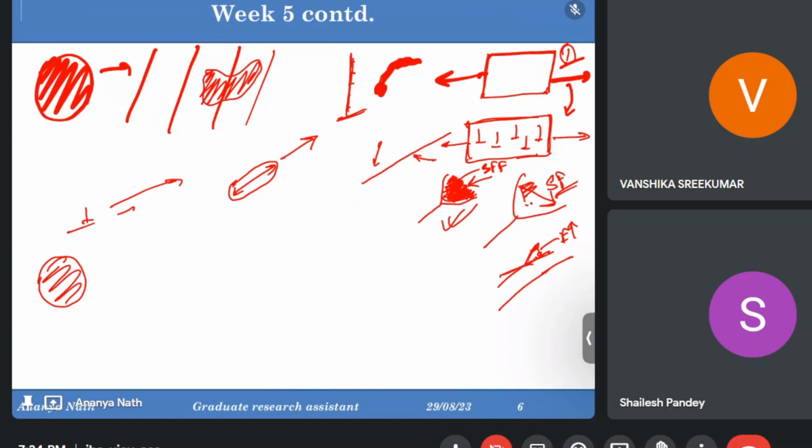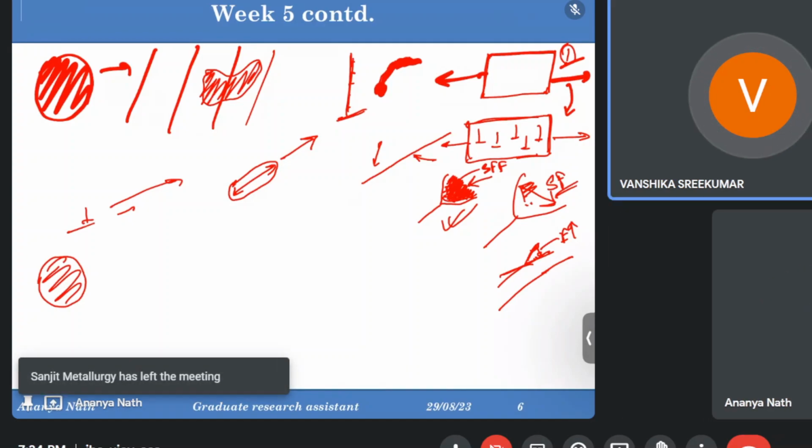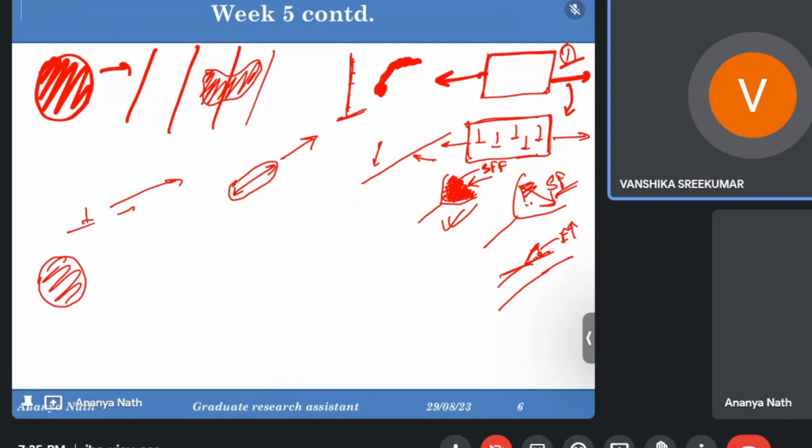What does it mean? I guess the grains that were present earlier after cold working were disoriented because of cold working. So instead of them, some new grains were formed which do not have that sort of strain pressure.